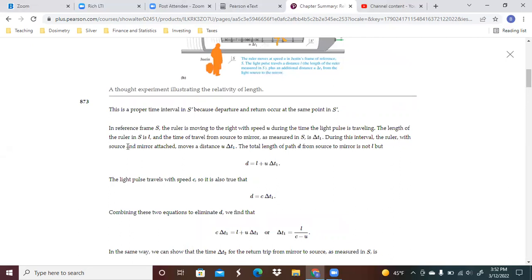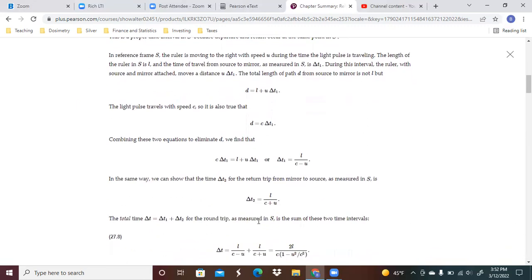During this interval, the ruler, with source and mirror attached, moves the distance of this. So the total length of path B from source to mirror is not L, but this. The light pulse travels with speed c, so it's also true that this is the case. And combining these two equations, we can find this.